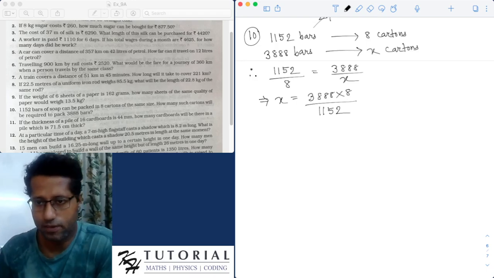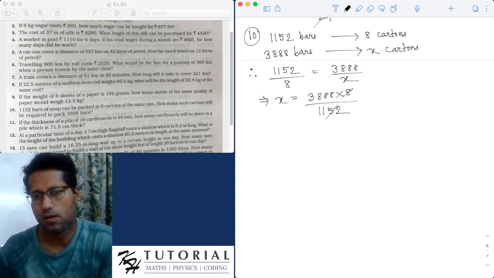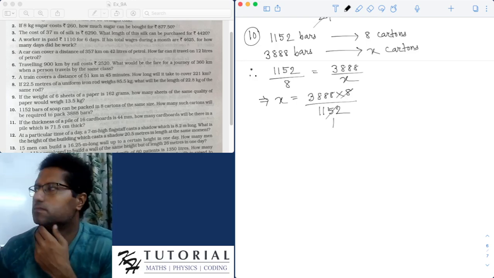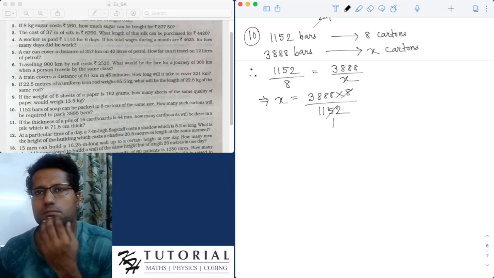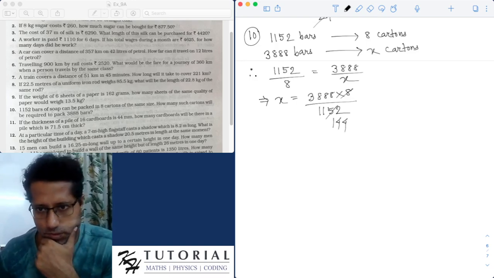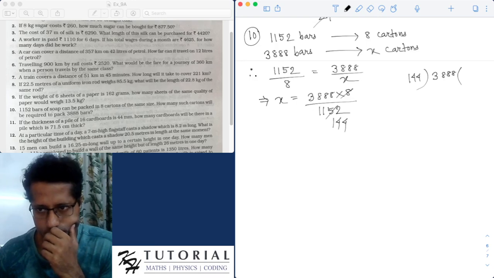So we have to simplify this. Let's see if 8 divides 1152 or not. It gives 144. And let's see if 144 divides 3888 or not.